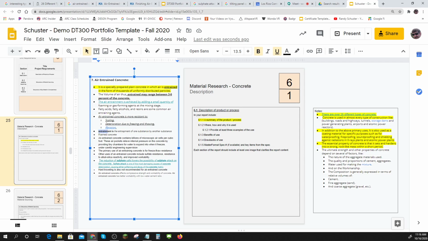It's nice to say that maybe I need to say something about what entrained air really is. So there's more about it. And this is the essence of what it does. These pockets relieve internal pressure on the concrete for water to expand when it freezes. So that's sort of what it does.